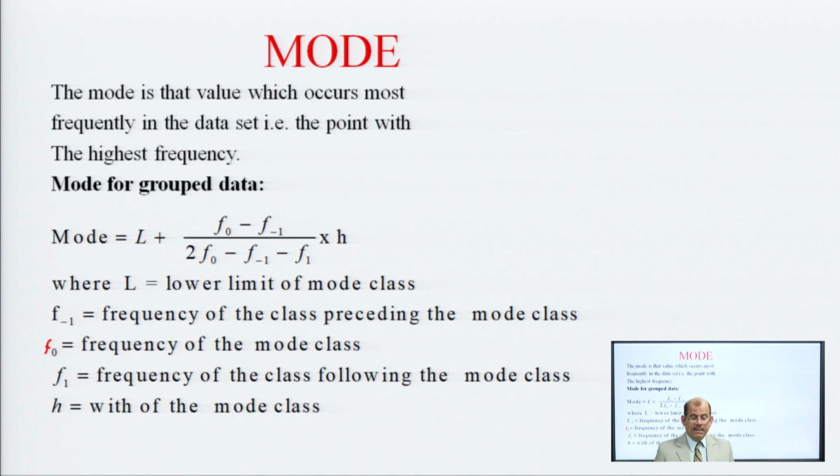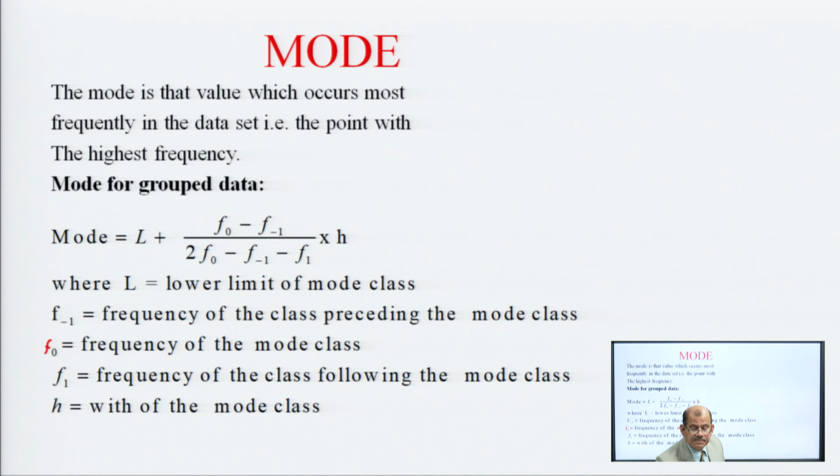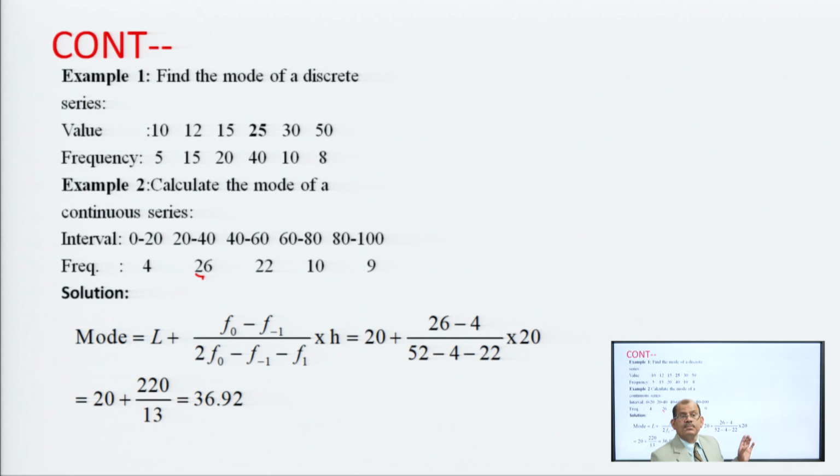Mode is the value where the maximum frequencies are concentrated. For the mode of a discrete series, we arrange the given data in ascending or descending order, take the maximum frequency, and the value corresponding to the maximum frequency is the mode.